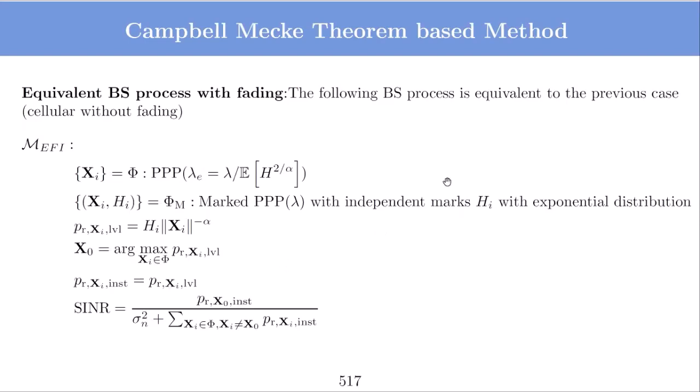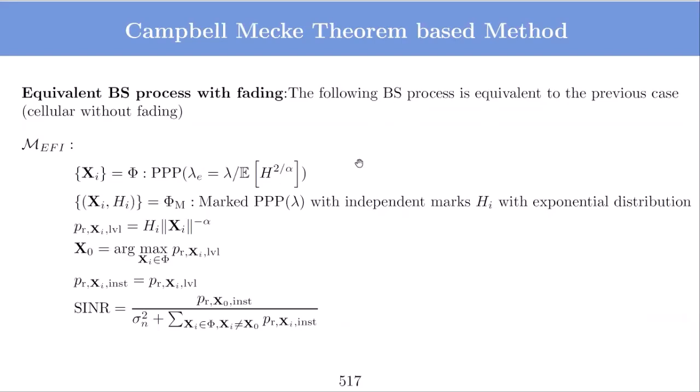Then you can show that both equivalent networks will give you the same SINR coverage. So now I will proceed to compute the coverage probability for this network, and using this equivalency, that will also be the coverage probability of a network without fading.